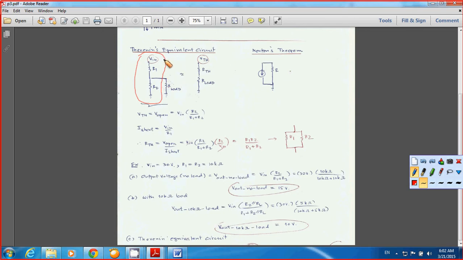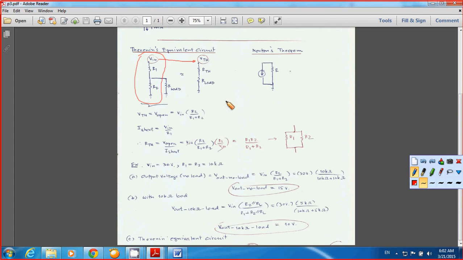Thevenin equivalent circuit says that you can simplify a complicated circuit, maybe one with more than one voltage source or more than one resistor. It's easier if you just have one voltage source connected to one resistor, and then you can consider the load later on.